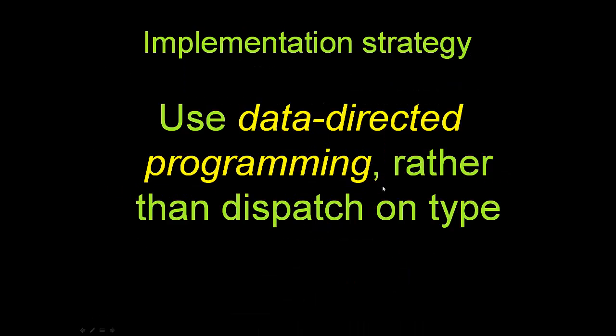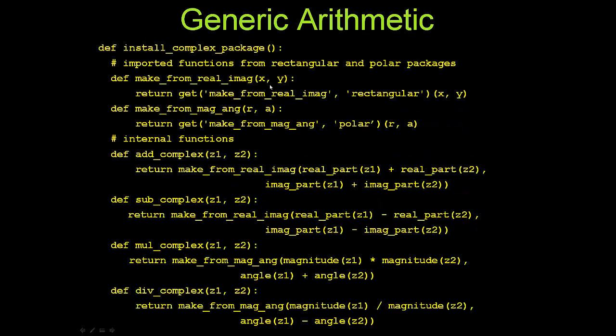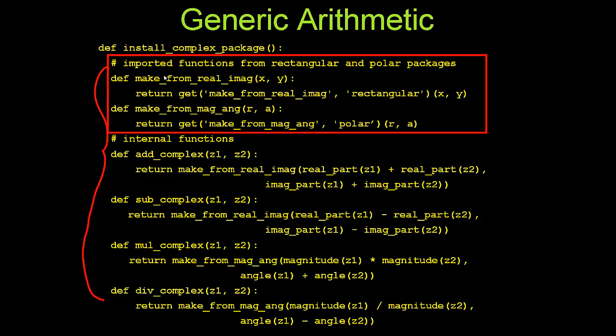Basically what we do now is that we'll do this using data-directed programming instead of dispatch on type. So this is how the code looks. Essentially you have all these functions which you have seen before, and the difference is here. For these constructors, we get the constructors from the table as well, and we apply them to x and y, or r and a.